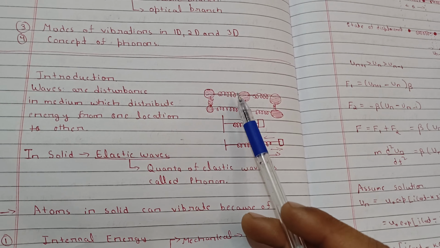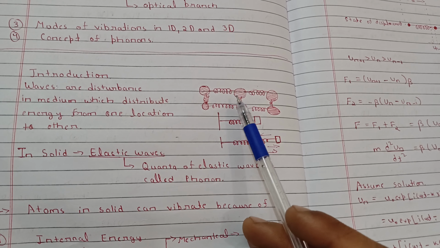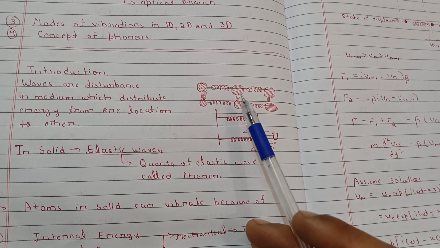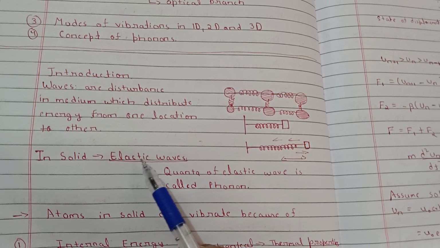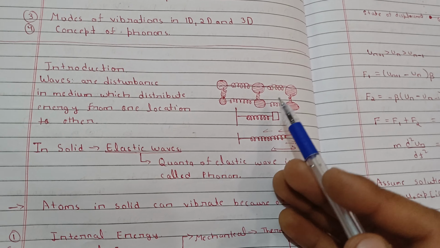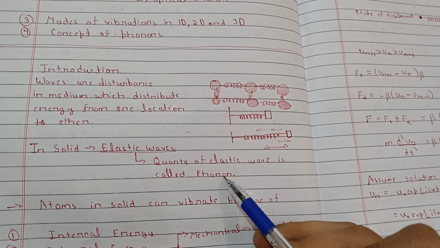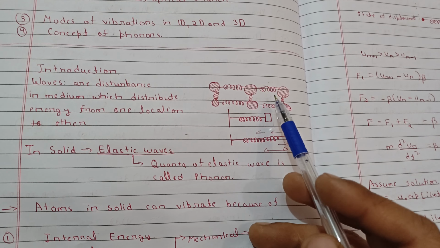If you disturb some atom inside a solid, it will vibrate and it will disturb the others also, and that forms the waves inside a solid. Those waves are nothing but elastic waves inside a solid, and the quanta of elastic waves is called a phonon. Quanta of those elastic waves which are produced inside a solid.